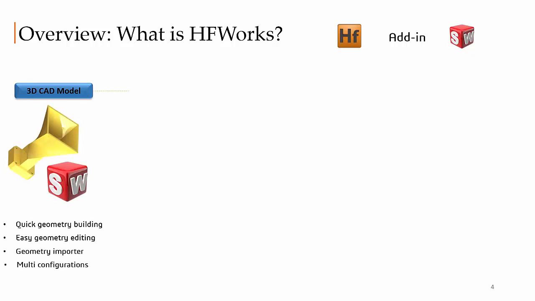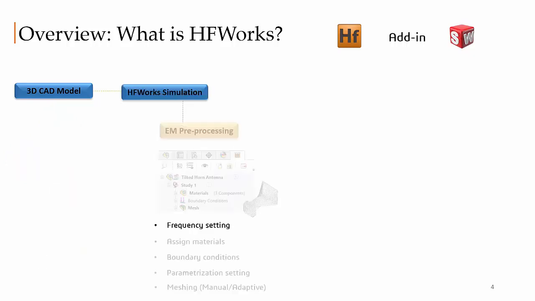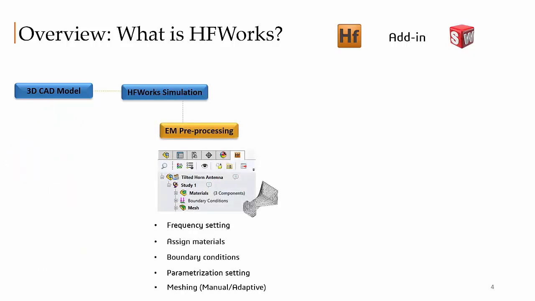To start with the CAD modeling, SolidWorks provides a powerful parametric CAD platform treating all geometry types and allowing quick building and editing of your geometry, or simply importing your own geometry, with the ability to build multi-geometrical configurations.